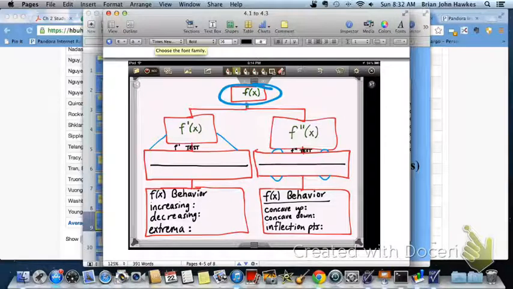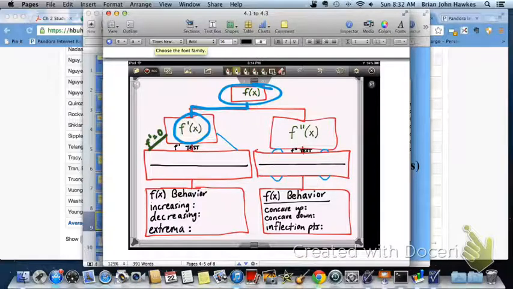We always want to find the critical points, so we come down here and we find f prime of x. We set f prime of x equal to 0, so we find critical points. Critical point number 1 would be where f prime is equal to 0. Notice this line right here; that line is important because it's going to tell us something.